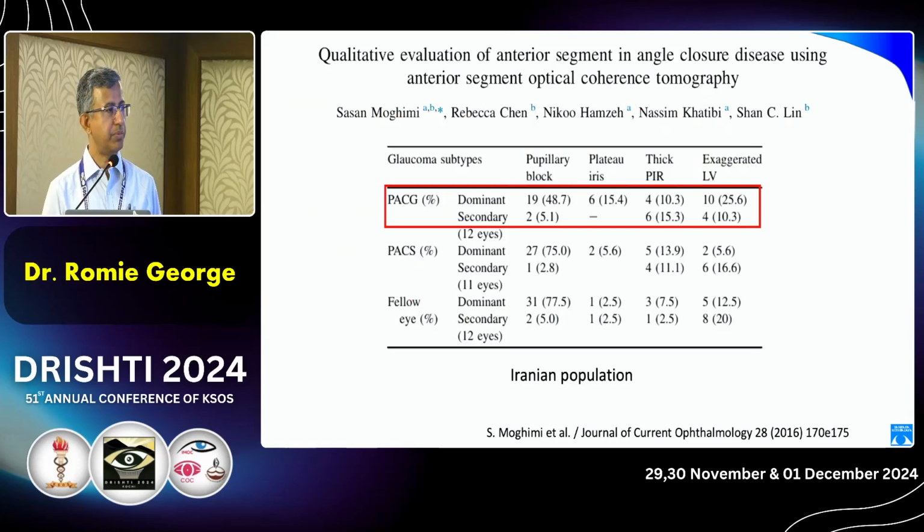You have another paper, and this first paper was from China. The second paper is from Iran, and there they again found that about 25% of patients, the primary cause was suspected to be the lens vault, and it was a secondary cause in addition to pupillary block and Plateau iris in another 10% of patients.